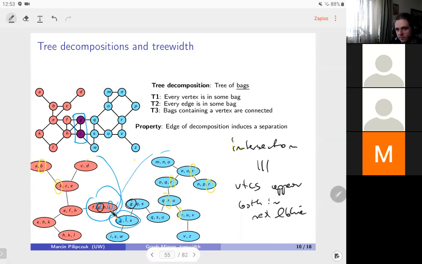Every edge of the tree decomposition corresponds to a separation between the vertices appearing in one part of the tree decomposition and the second part. This is the important property of tree decompositions, and this is why this definition really works and corresponds to the intuition of sweeping the graph with small separators. But now this sweeping is in a tree-like fashion.